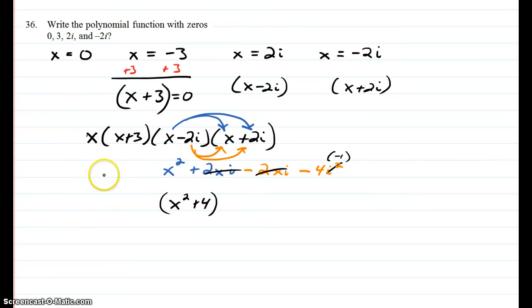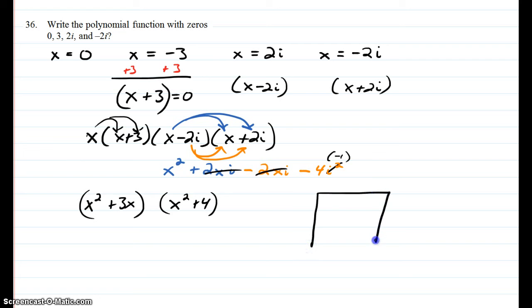Here we can multiply these together and get x squared plus 3x. I just went x times x and got x squared, x times 3 and got 3x. And so now let's review the box method to multiply these two things together. So I have two terms and two terms, so 2 on top, 2 on the side. So x squared and 3x, x squared, 4.